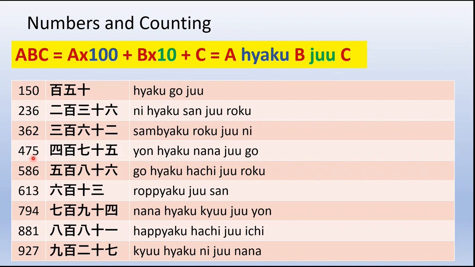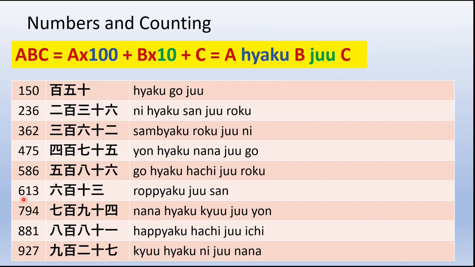475 is yon hyaku nanaju go. Then we have 586, which is 580 and 6. So 500 is gohyaku, 80 is hachiju, and 6 is roku. Gohyaku hachiju roku.